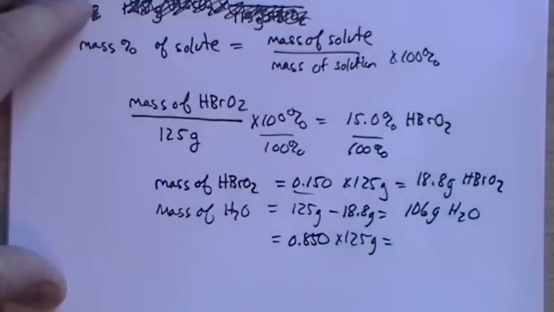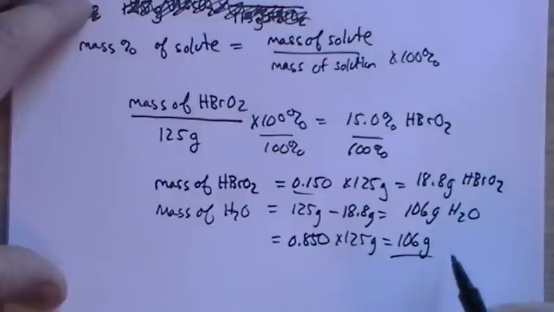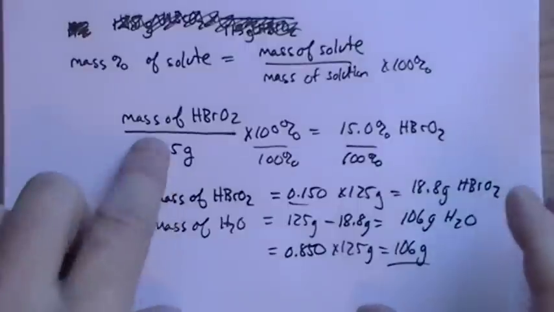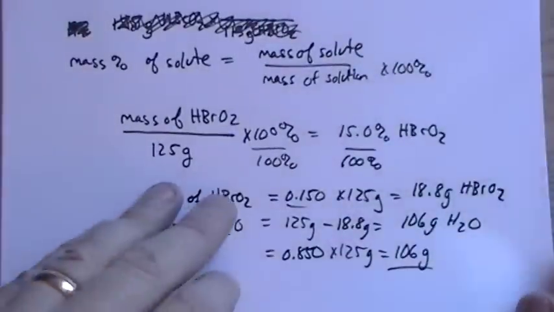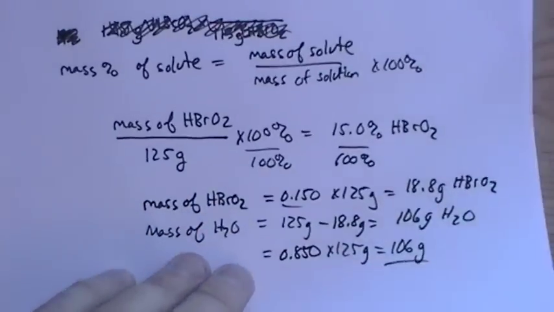And it has to come out to be the same thing, but rounding might have slightly changed it, so I just want to do this out. Yeah, so this would come up to be 106.25, which would be 106 grams. So you can do it either way. The first one you'll have to find by this equation, but the second one can be found, as long as there's only two things present in the solution, by difference.